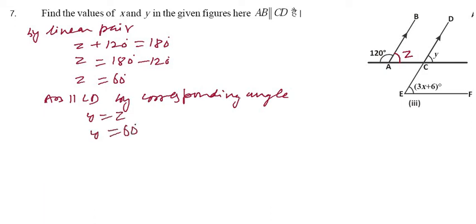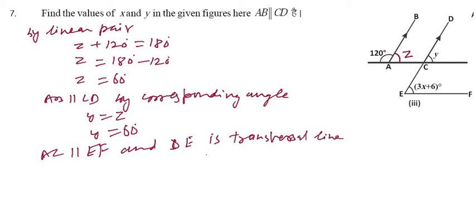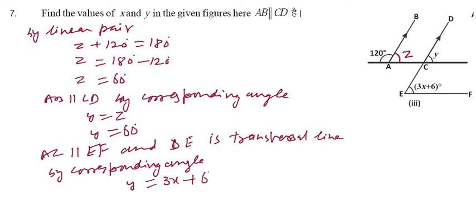Now once again AC is parallel to EF, and DE is a transversal line. So by corresponding angles, y will be equal to 3x plus 6 degrees.